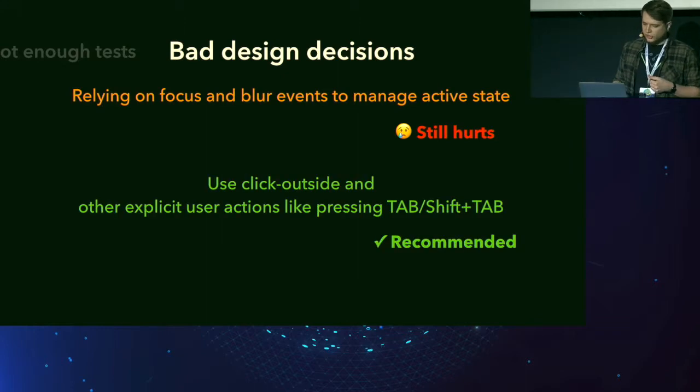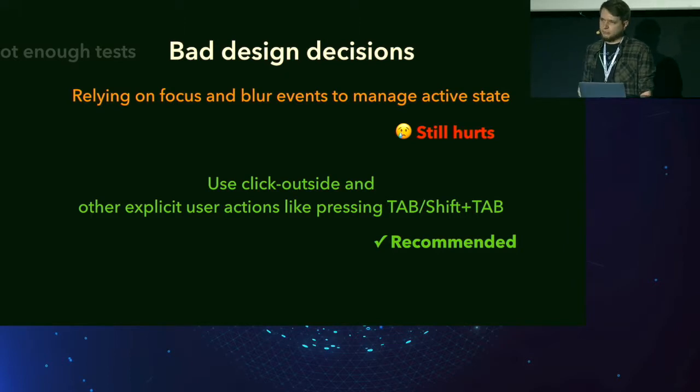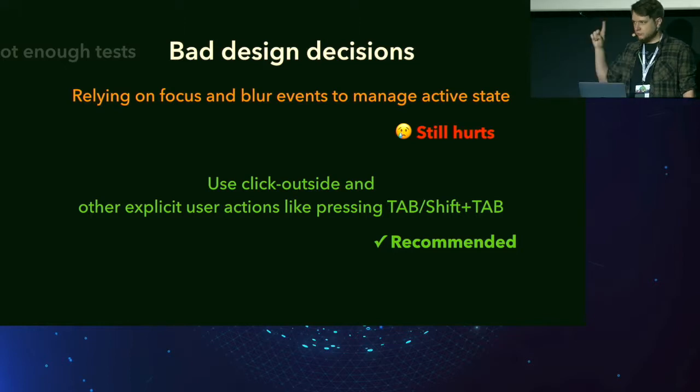So instead, try to use solutions like click outside, which if you Google it, there are multiple solutions for that. And explicit user actions like pressing tab or shift tab to move between the elements on the page.